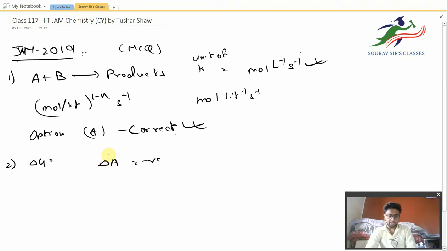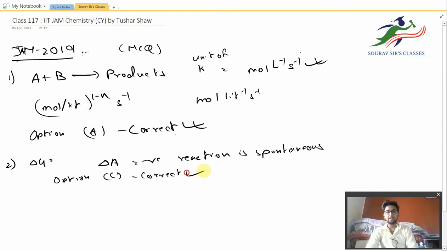So if the Helmholtz free energy is negative, the reaction is spontaneous. In the options, option C says the change in Helmholtz free energy is negative, and therefore option C is the correct one.